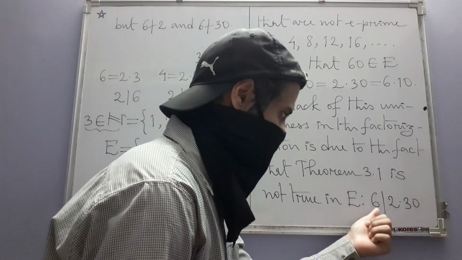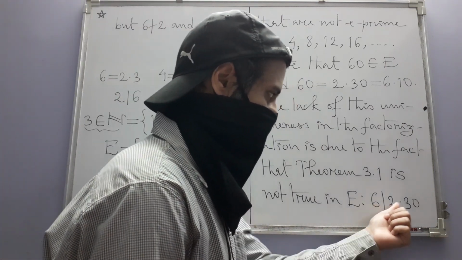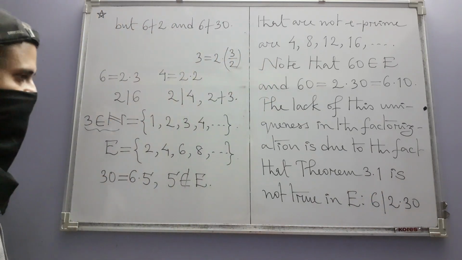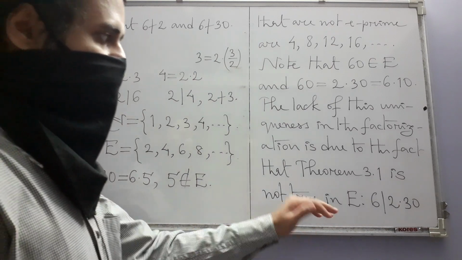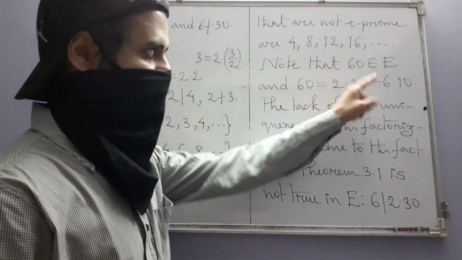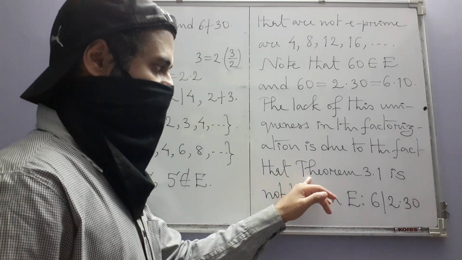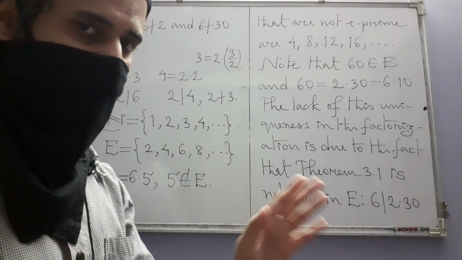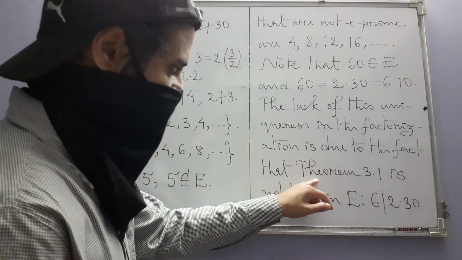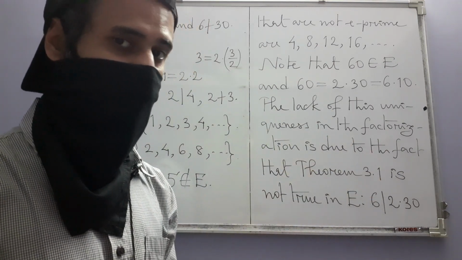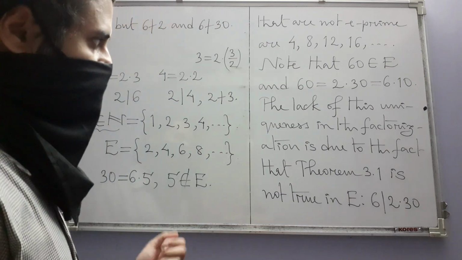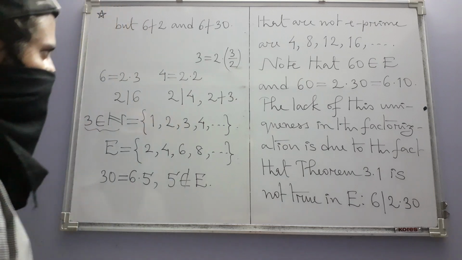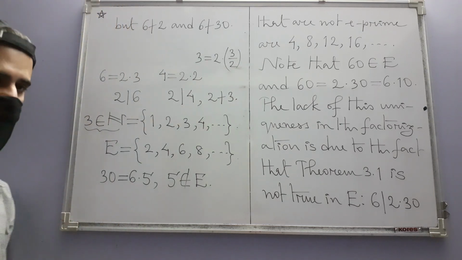So you see that the E prime 6 divides the product of these two elements from E, but it divides neither of them. Because of this, we do not have uniqueness in such factorization. That's because while we were proving uniqueness in the ordinary factorization of ordinary integers as products of ordinary primes, we used this theorem, which now we do not have in this system. So that's why that uniqueness is something special. Okay, it's not available everywhere.